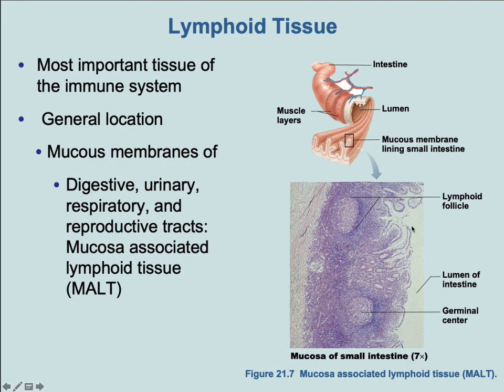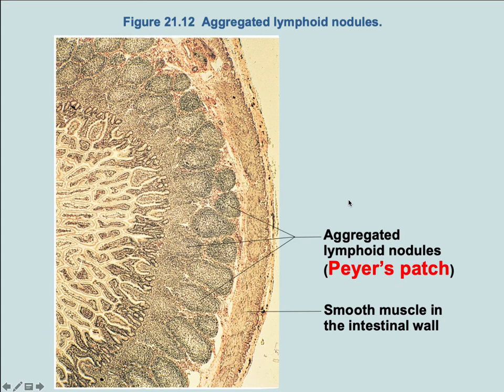That means your digestive tract has to be lined with a lot of these immune cells in order to fight off at least most of the bacteria that you ingest. That's what those aggregates of lymphoid nodules are for. Again, this is the Peyer's patch.